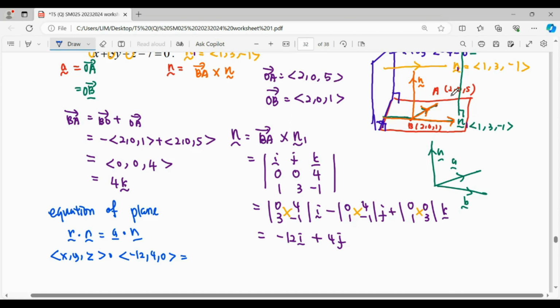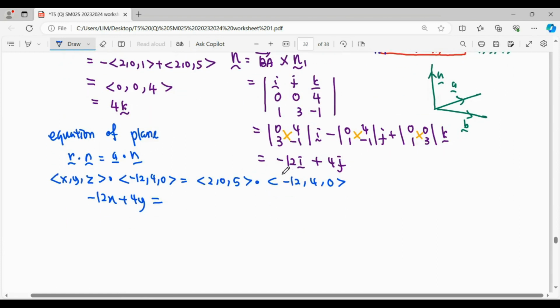I can put point A (2, 0, 5) with the normal again. Performing this dot product, x times x gives negative 12x, y times y gives 4y, 0 times z gives 0. Then for the right hand side, 2 times negative 12 gives negative 24, 0 times 4 is 0, then 5 times 0 gives 0.